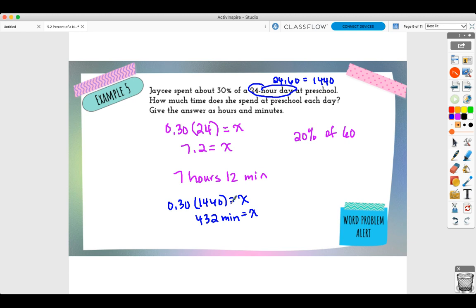Or you can figure out how many 60s are in 432. And actually, it is okay because 7 times 60 is 420, so it is still 7.2. I'm going to subtract 420, and you're still going to get 12 minutes that way. Whichever way, but this is asking for hours and minutes, not just 7.2, because 7.2 means nothing in terms of time.